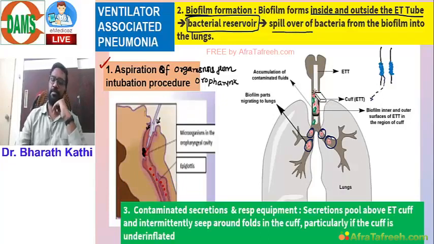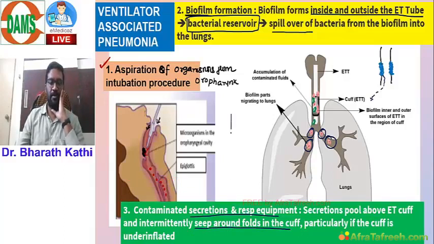And third important thing is the contaminated secretions and respiratory equipment. Secretions can pool above the endotracheal cuff and intermittently seep around folds in the cuff, particularly if the cuff is underinflated. Now you know that this is the endotracheal tube.